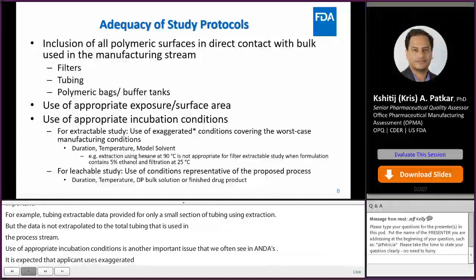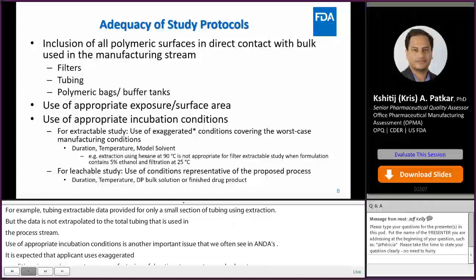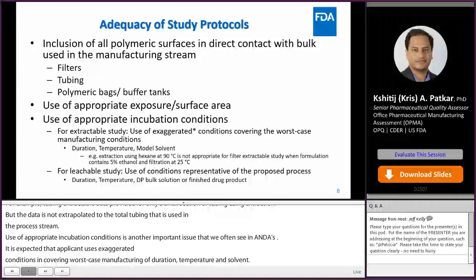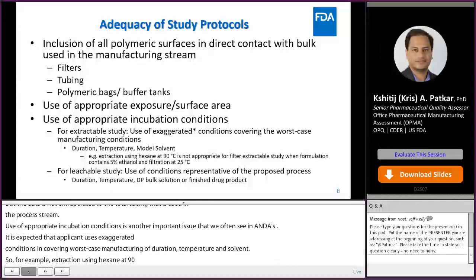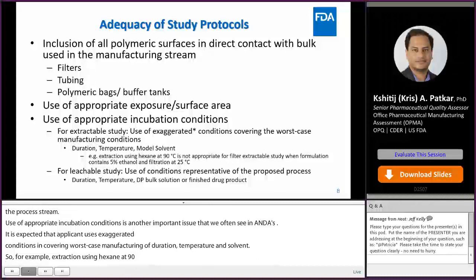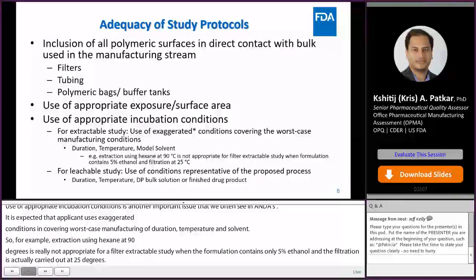It is expected that the applicant uses exaggerated conditions covering worst-case manufacturing conditions of duration, temperature, and solvent. So, for example, extraction using hexane at 90 degrees is really not appropriate for a filter extractable study when the formulation contains only 5% ethanol and the filtration is actually carried out at 25 degrees.